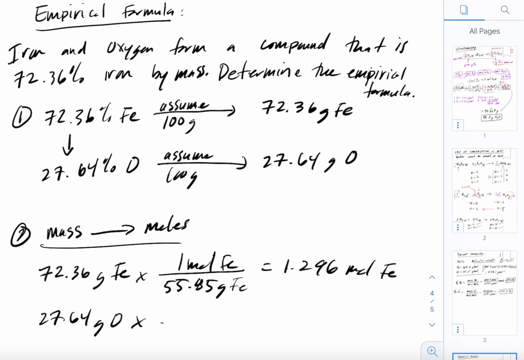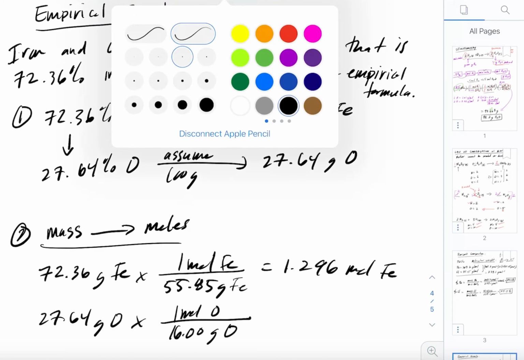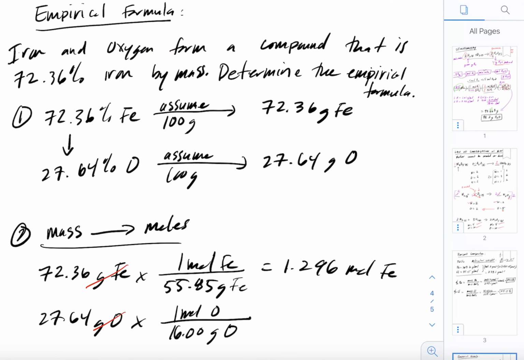So taking our grams, and we know that oxygen is 16.00 grams per 1 mole. And we find, we're showing canceling. Man, it feels good to cancel out those units.